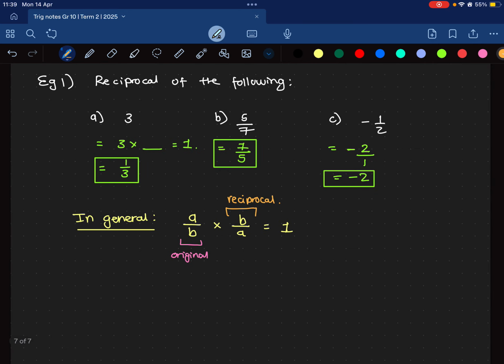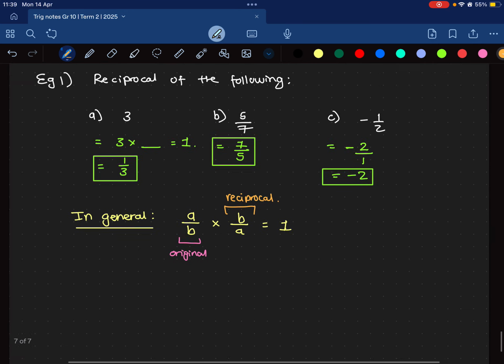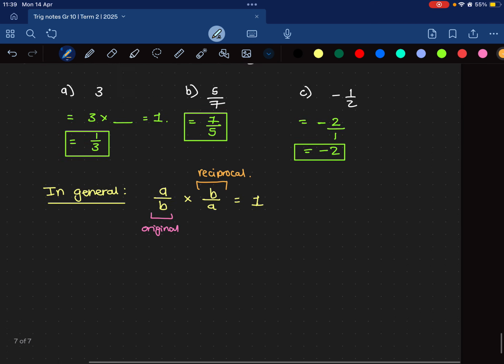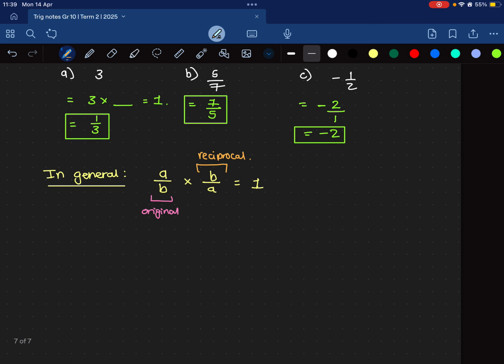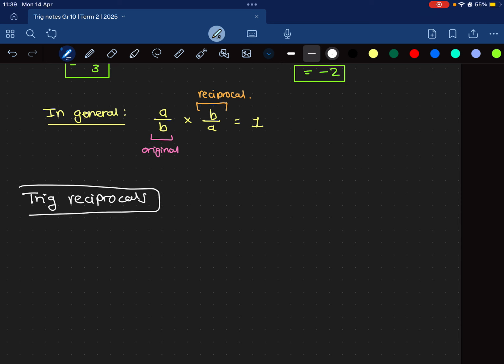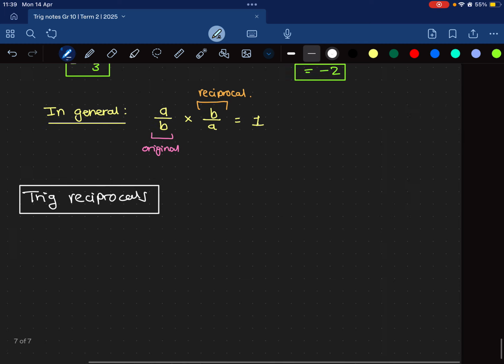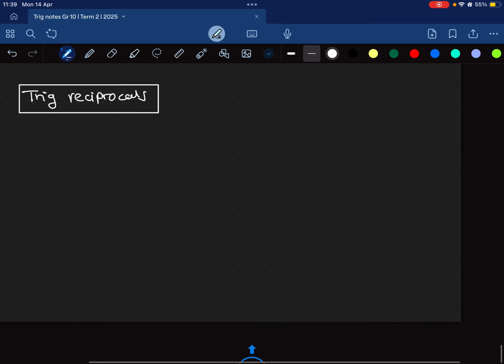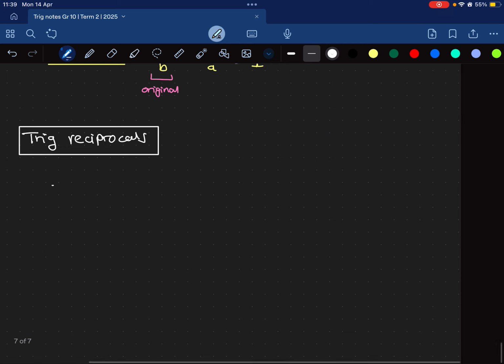So now what we do is we take these reciprocals and we relate them to the trig ratios as well. If we consider the trig reciprocals, let's look firstly at the original functions.